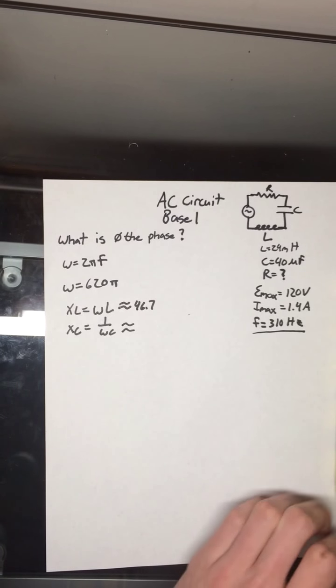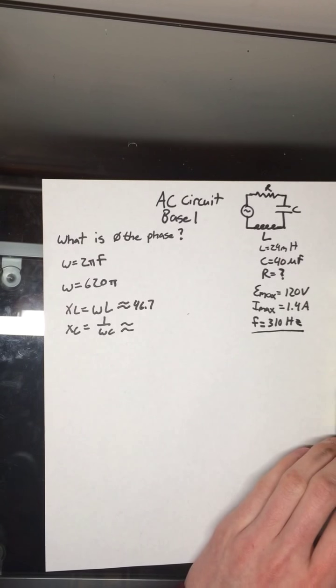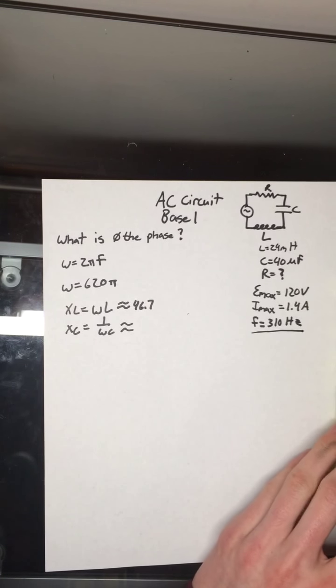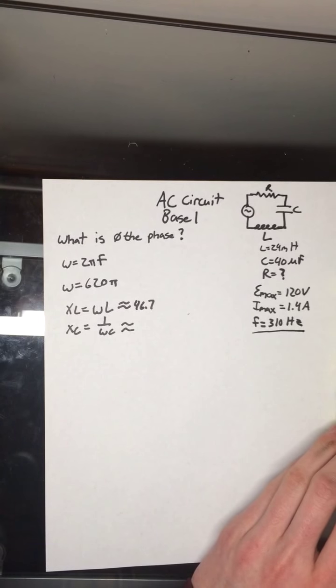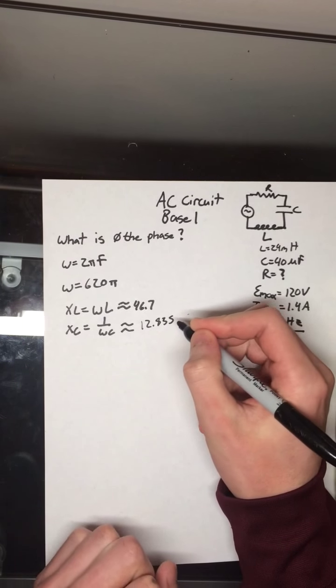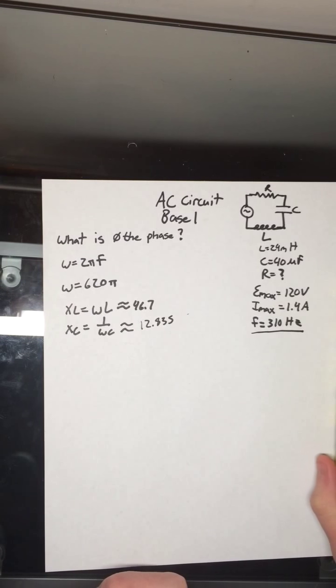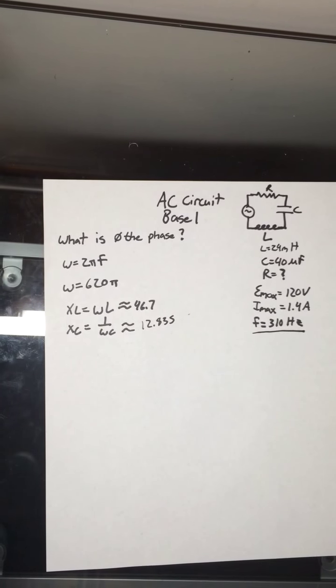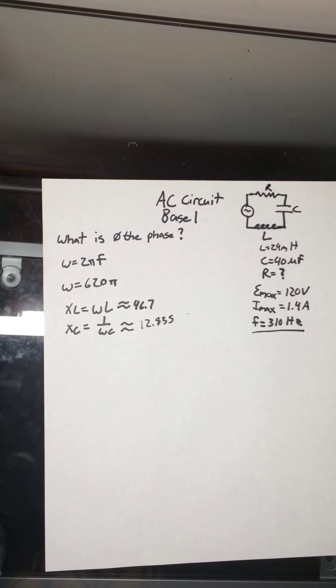XC equals 1 over omega C, this equals about 12.835.